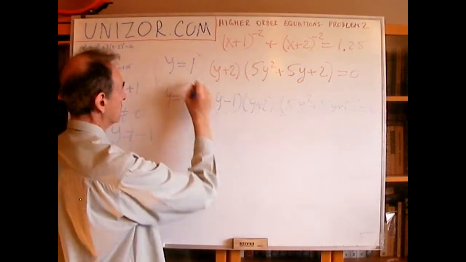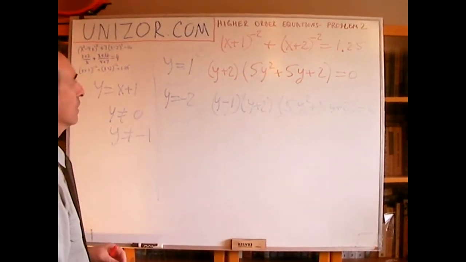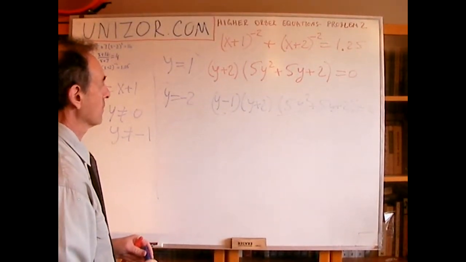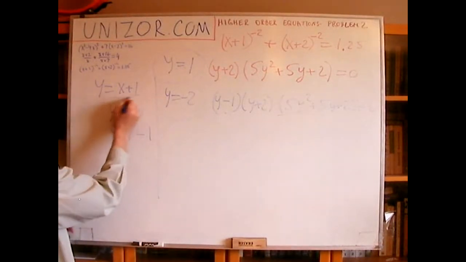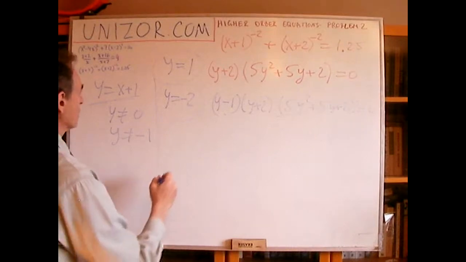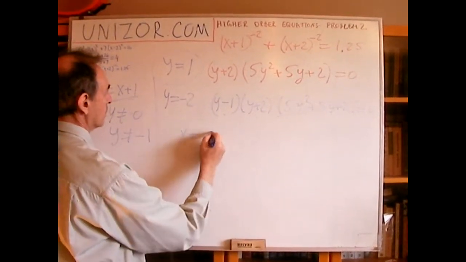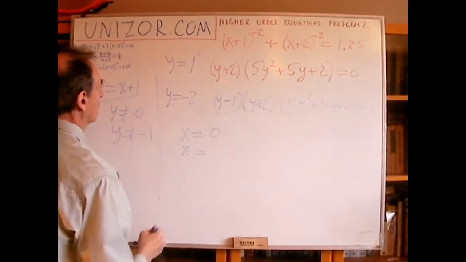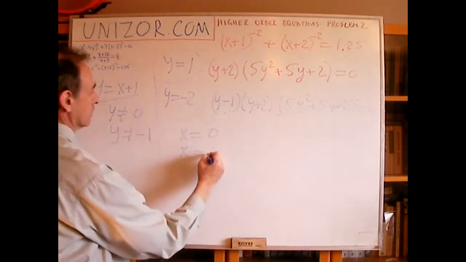This gives me 1, and this gives me minus 2. Both are allowed. Well, let's just check the solution for x. Now, we know that x is related to y with this formula. So y is x plus 1, so x is equal to y minus 1, which is either 0 or minus 3.